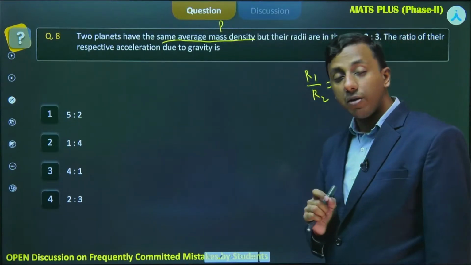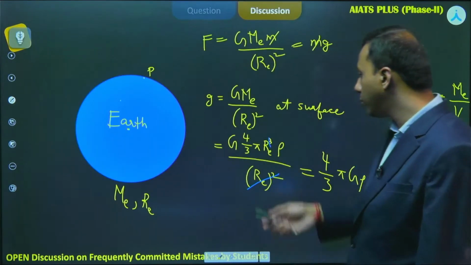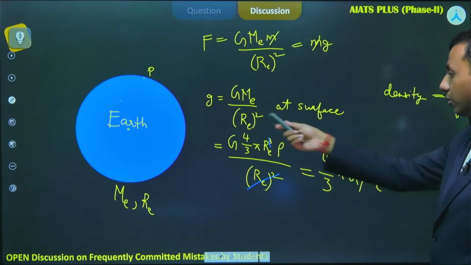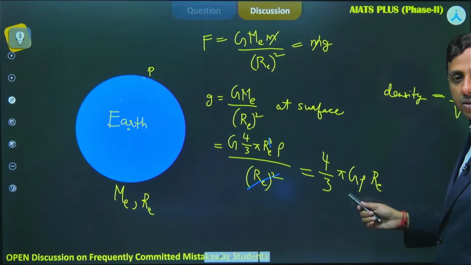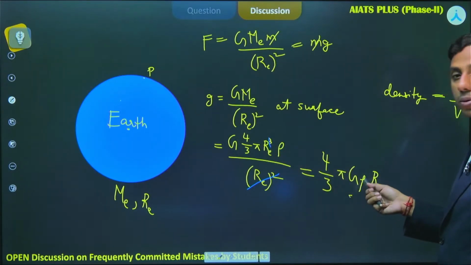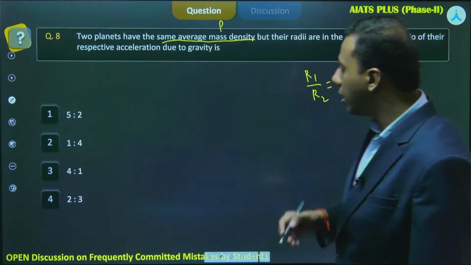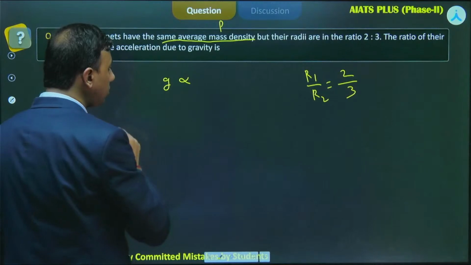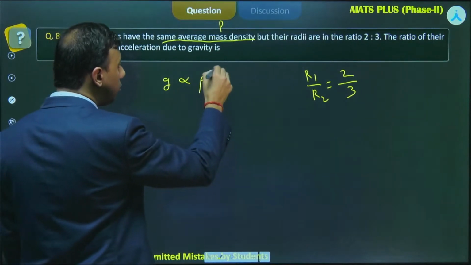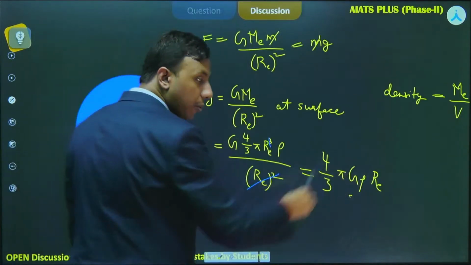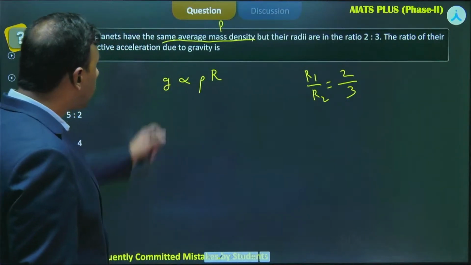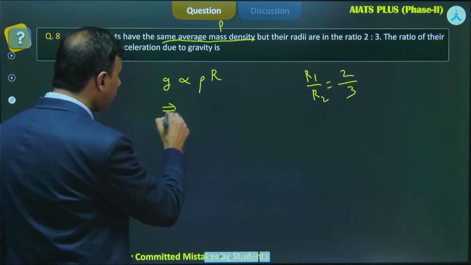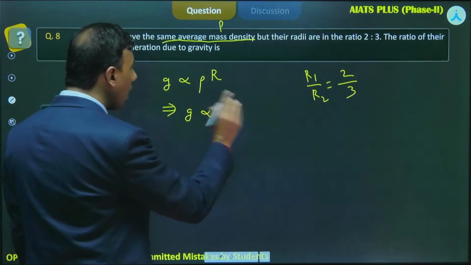So which formula of g will we use? We will use this formula or this formula? Obviously we have to use this formula, right? Because g is connected to rho here. So g is proportional to rho into R. But remember, rho is constant over here. So we can directly write g is proportional to R only.